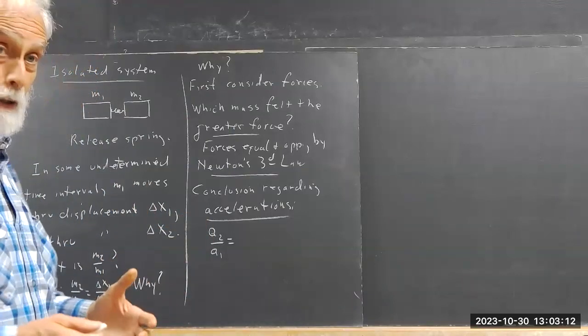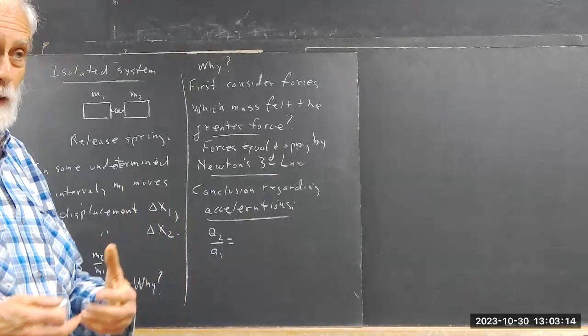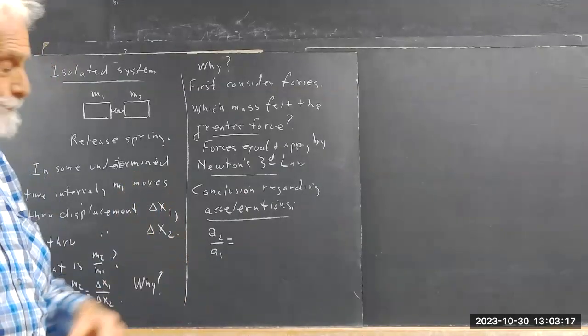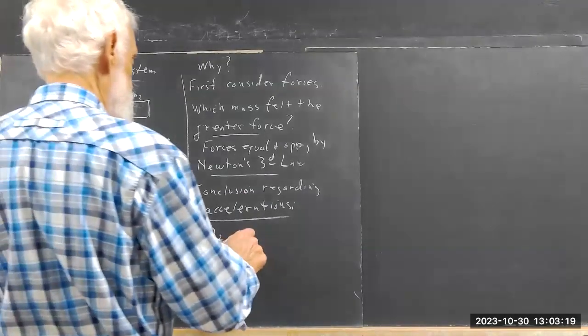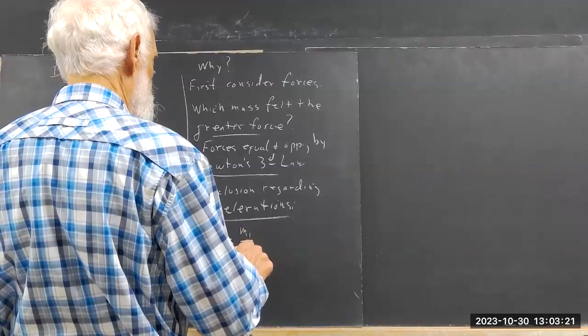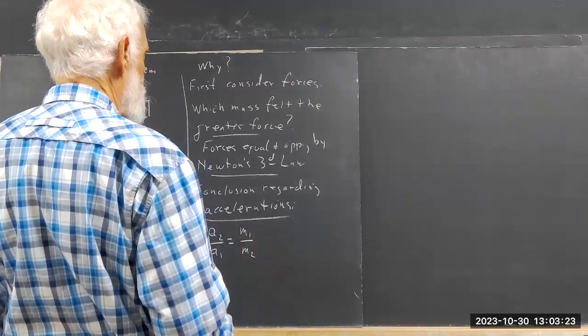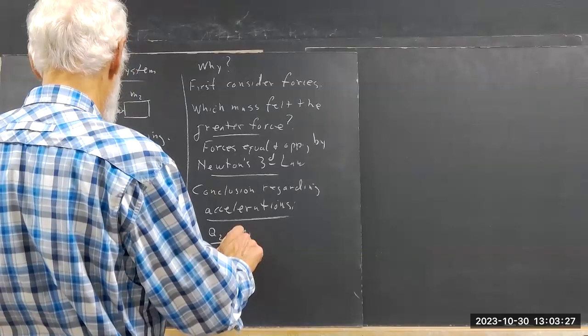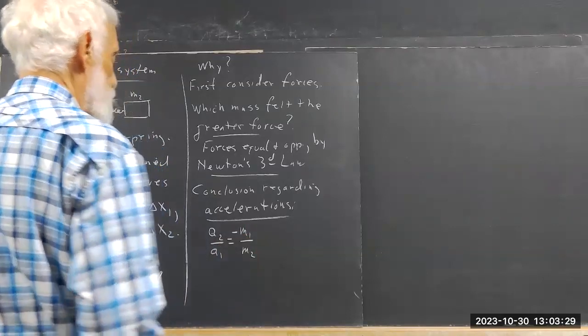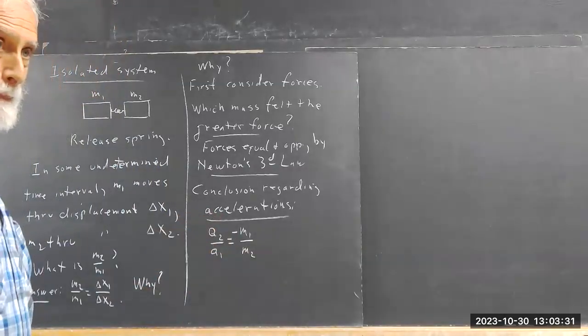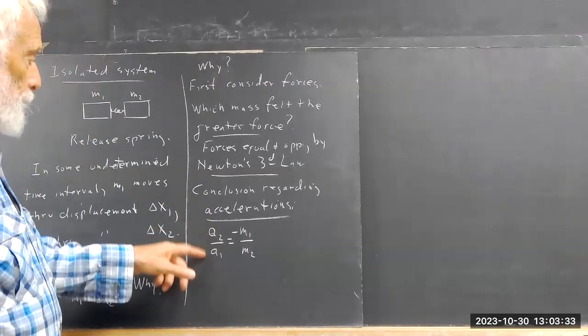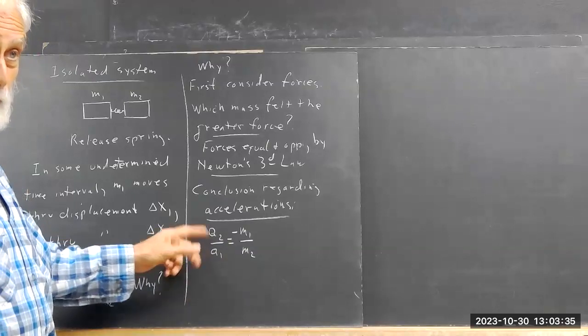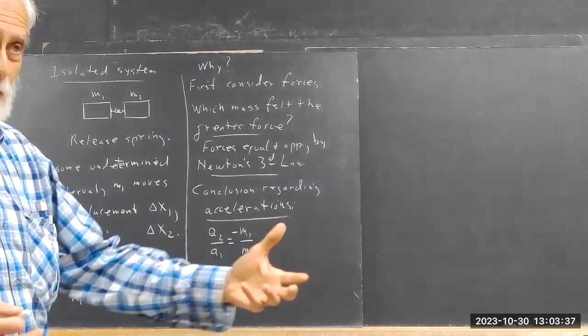The forces are equal and opposite, so the ratio of the accelerations ought to be inverse to the ratio of the masses, except of course it should be negative, because one acceleration is positive and the other is negative.